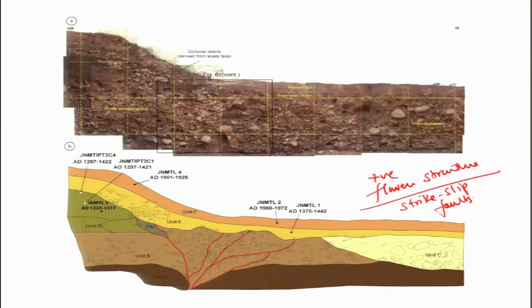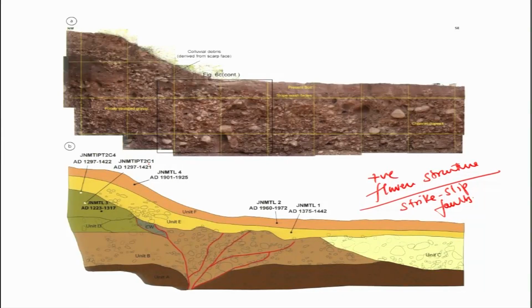I am not going to talk about that here, but the important point is that these are the ages which we are getting from OSL. For example, these are the depositional ages, that is the time at which the sand or the sediments got deposited and buried. So these are the ages which we have from OSL.